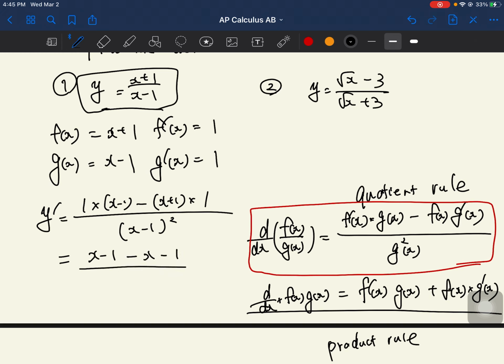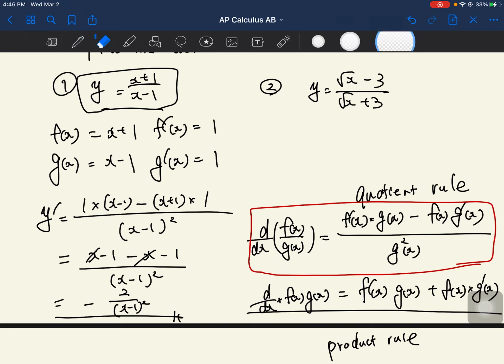And it's going to be x minus 1 minus (x plus 1), over (x minus 1) squared, which is negative 2 over (x minus 1) squared. Yeah, that's it. It's not that difficult, but you have to remember this quotient rule.